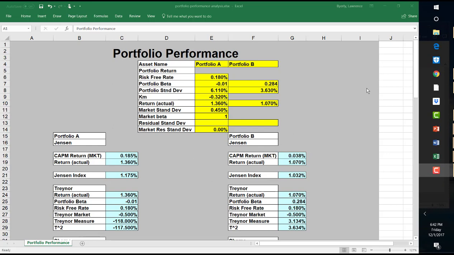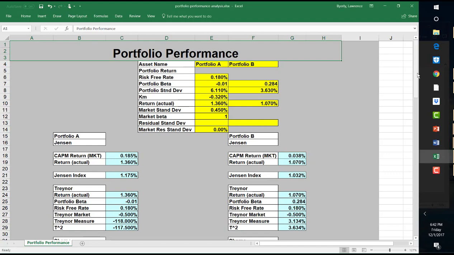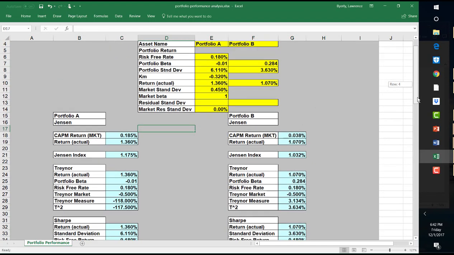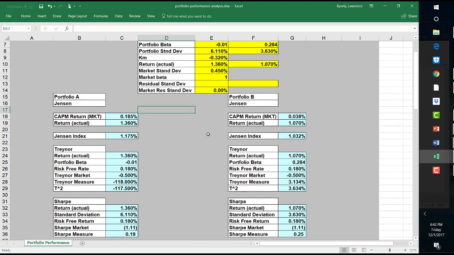So as we look at the ratios, as we look at the different techniques of managing or measuring performance, the first is the Jensen Index. The Jensen Index looks at the CAPM market returns, should be 0.185%, and the actual rate of return for this stock was 1.36%.